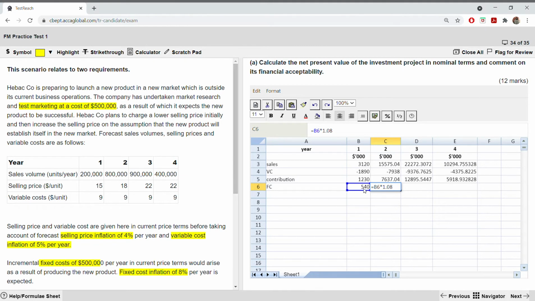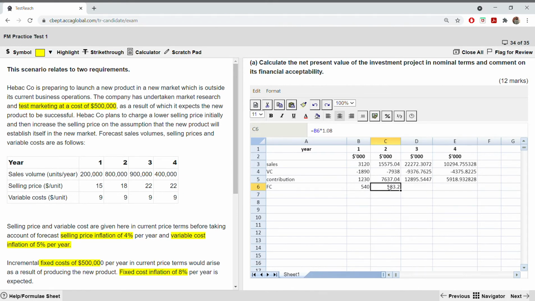Why? Because here fixed cost is fixed. It's 500, 500, 500 all the year. But for sales and variable cost, we couldn't take on the previous year because the volume for each year and the price for each year was different. But here on that previous 540, we just take 8% on that. Okay.